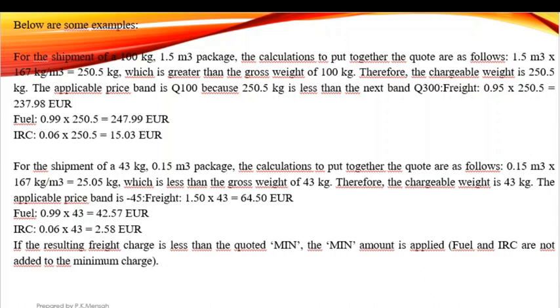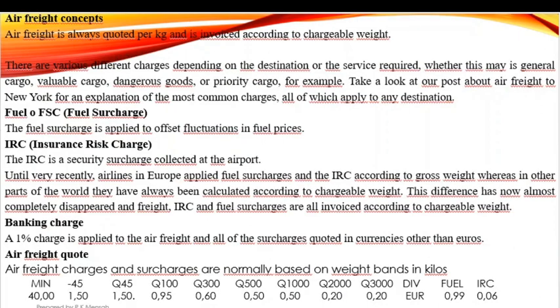Go to 182. Okay, come to 181. And 181 is talking about air freight concepts. Have you seen it?